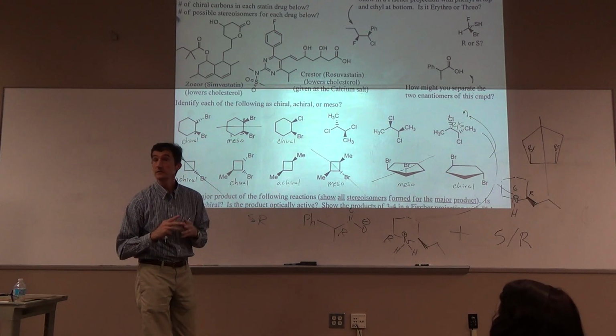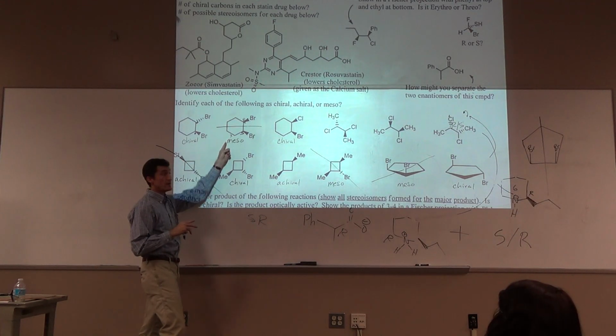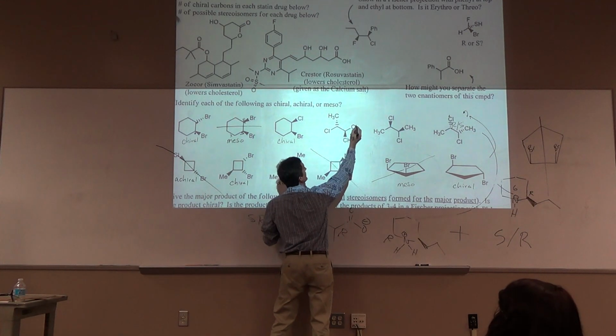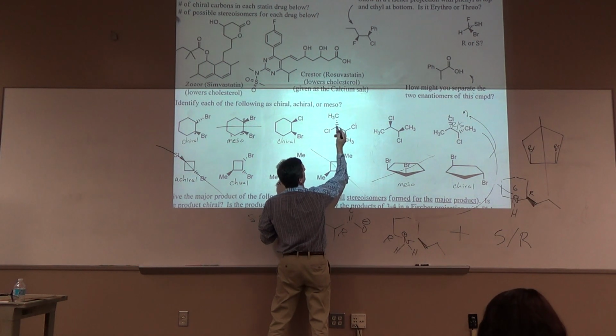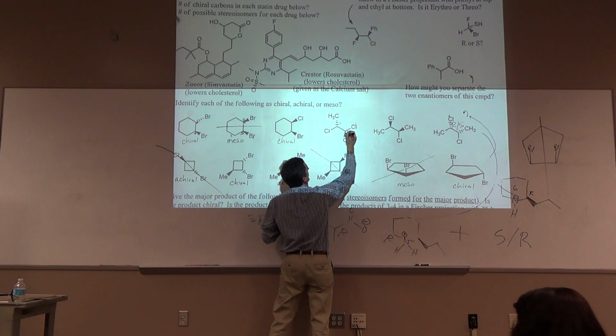I would do a Fischer projection, much easier to see. Or I would do the trick I just told you right here. R/S, right here. 1, carbon with chlorine 2, carbon with other things 3, H here is in the back, so that is what? That's S.